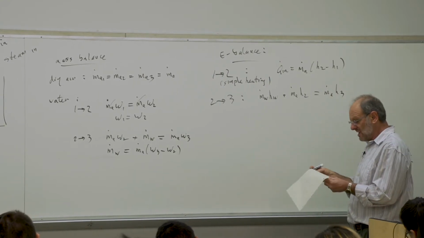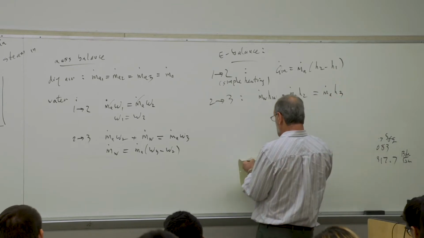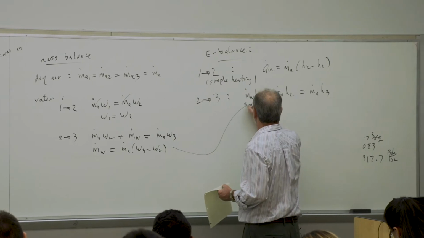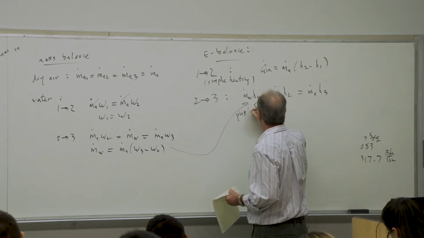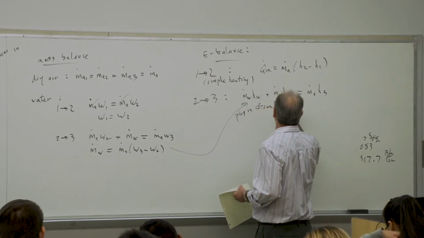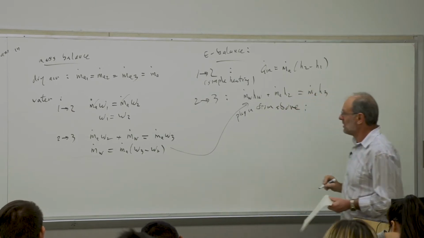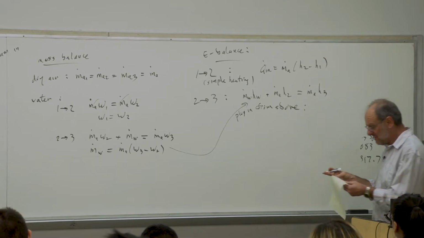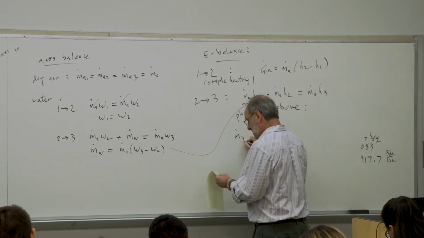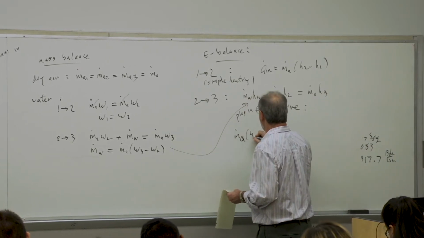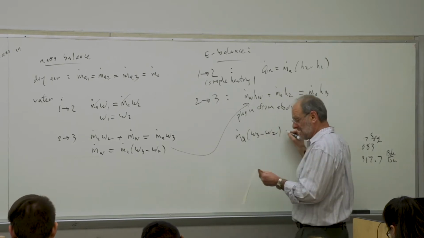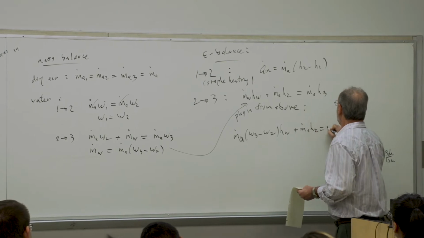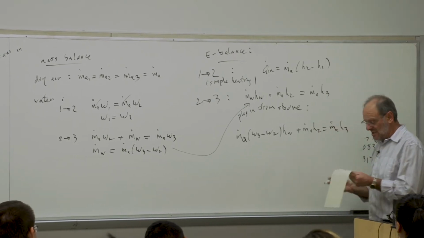And then this equation can be modified ever so slightly as well. Typically, what we would do is plug in this water term. So we're going to plug in that m dot A times omega 3 minus omega 2 term into the equation above. We get m dot A times omega 3 minus omega 2 times H W, and then plus m dot A H2 equals m dot A H3.